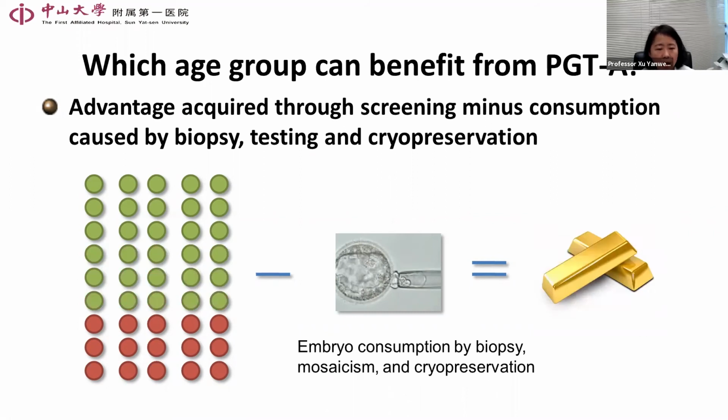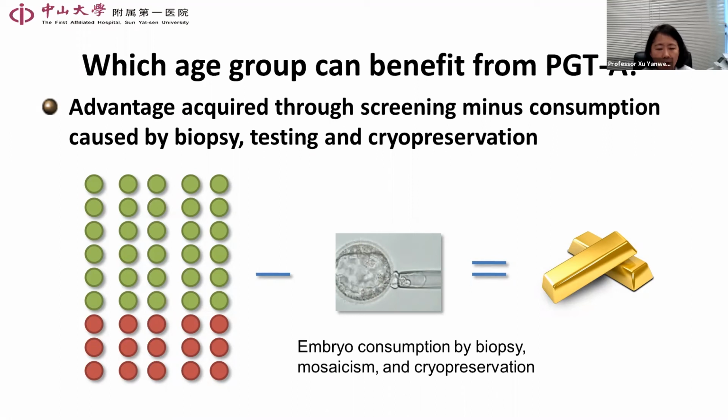But for the young age group, for example, with more than 70% euploid rate, that's the age group less than 35 years, for each embryo transfer cycle, even if she has not had the PGT-A, she has more than 70% chance of transferring a euploid embryo into her uterus.